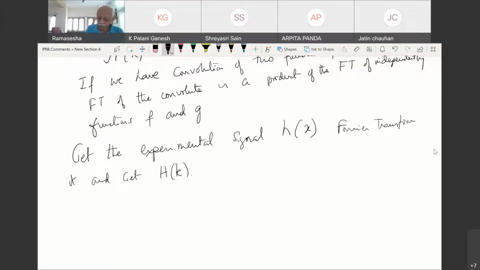We know the systematic error, f of x. We can independently Fourier transform it because you don't require any measurement. Just Fourier transform.